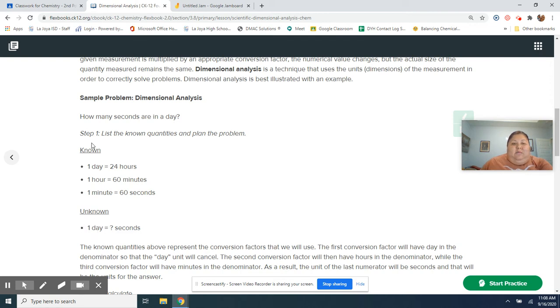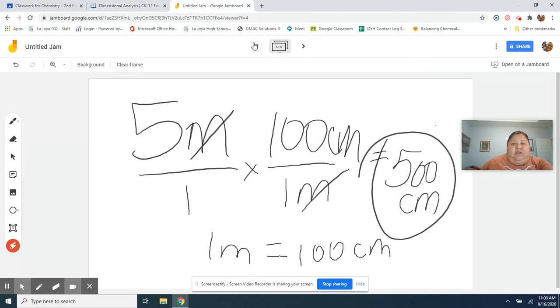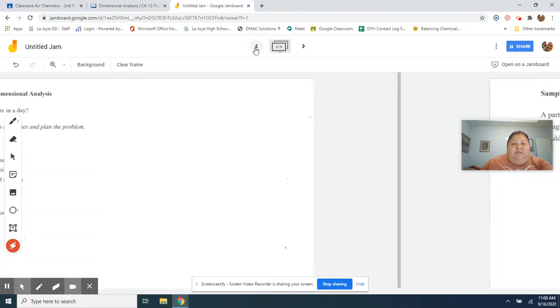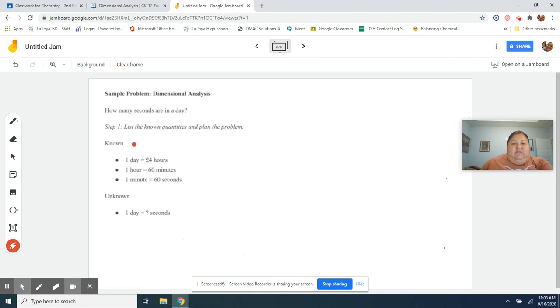I've already attached this to our Jamboard over here. This is our dimensional analysis sample, the one that they have in the book. We're going to start with the information that they gave us, which is this one day. So I'm going to put 1 day over 1.